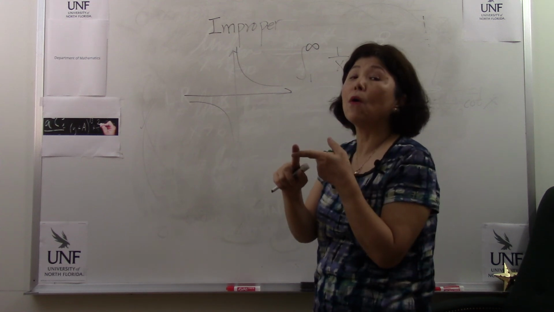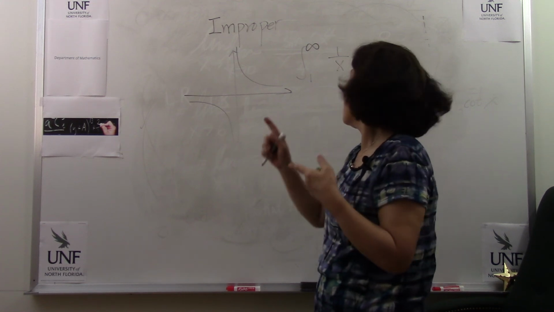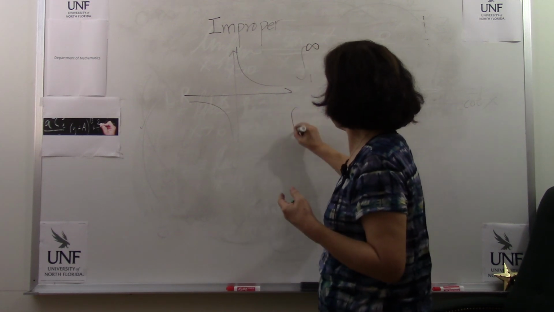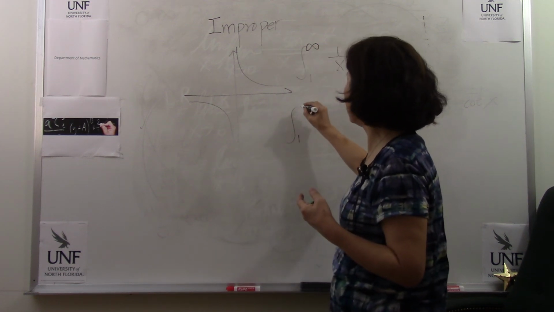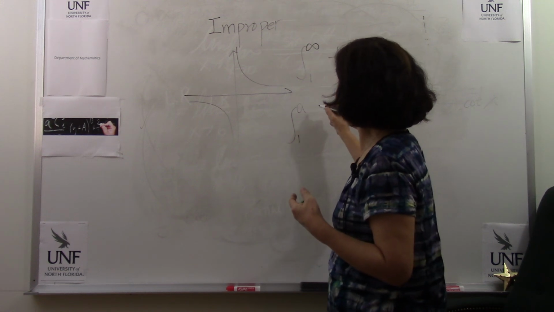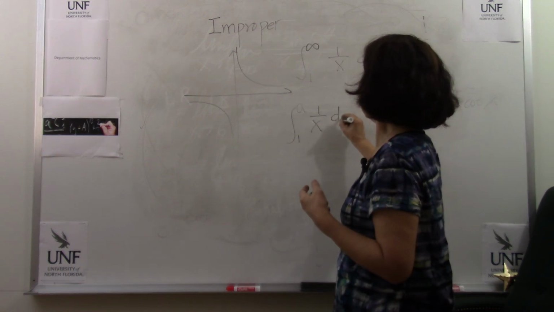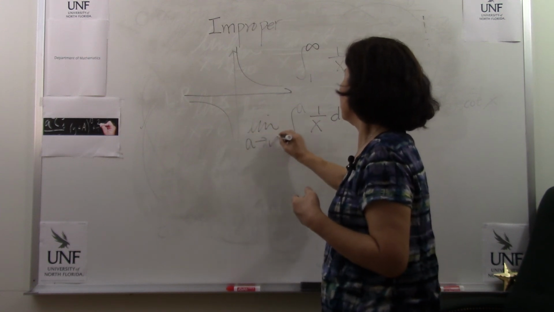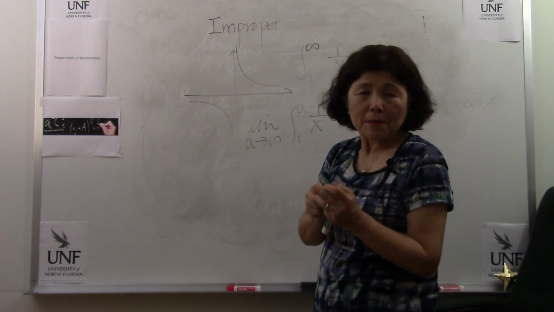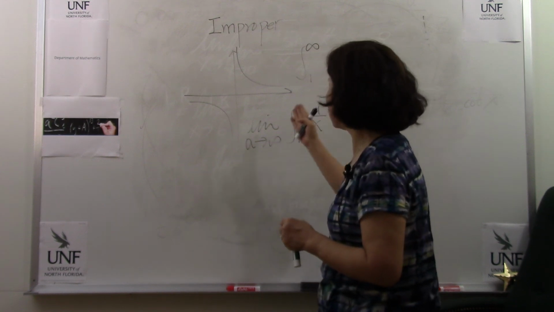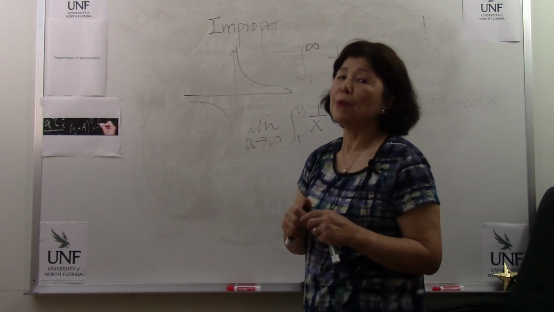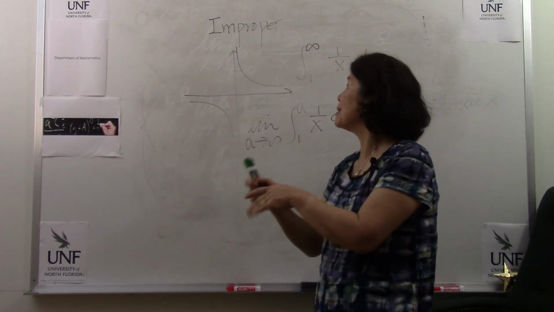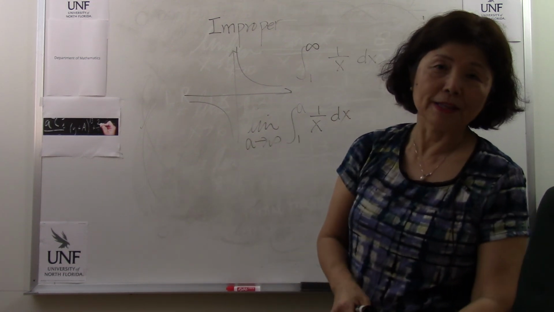That's why we call it an improper integral. Then we again use the idea of a limit. For example, we change it to the integral from 1 to a of 1 over x dx, and then the limit as a goes to infinity. Sometimes in order to settle this kind of integration, we may need L'Hopital's rule. That's why we learned L'Hopital's rule right before improper integrals.